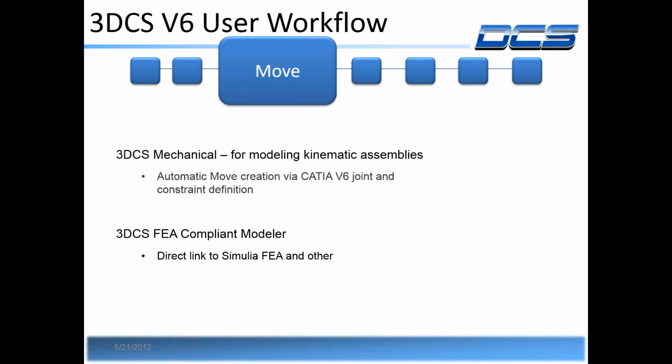So the moves can also be automatically created by pulling in the mechanical connections, taking advantage of 3DCS Mechanical, as well as deformable assemblies will be supported through FEA data, directly linking to Simulia FEA data, if it's available, to deform the parts when they're over-constrained. And a lot of parts are over-constrained. And if you're not using 3DCS Compliant Modeler, I think we have a webinar on that maybe we can watch, or we can follow up with some people on that.